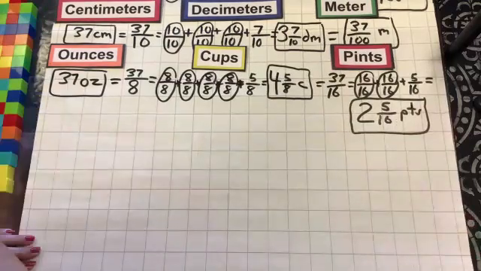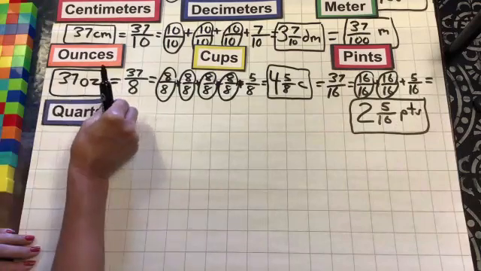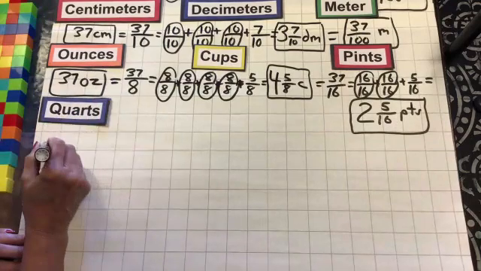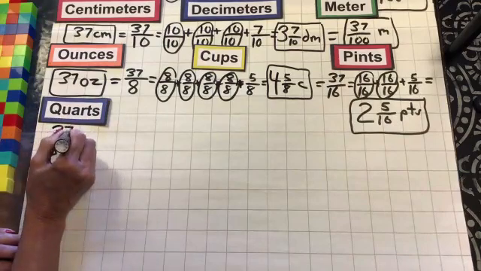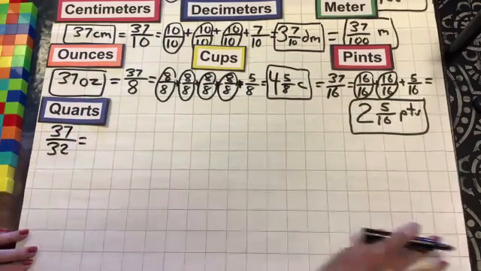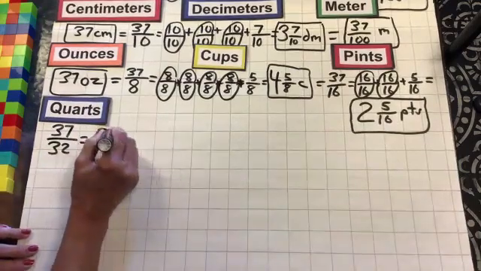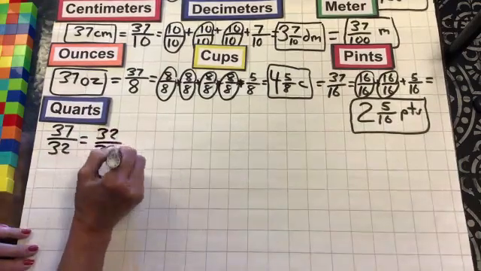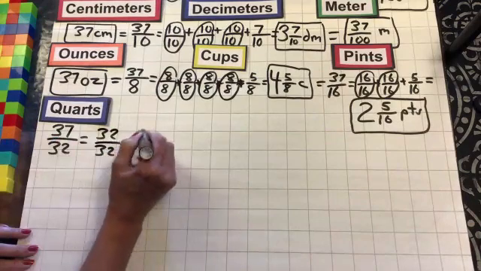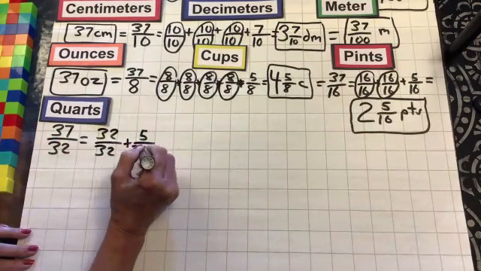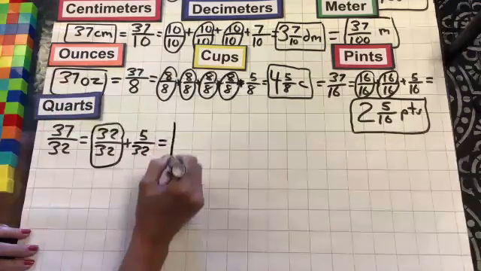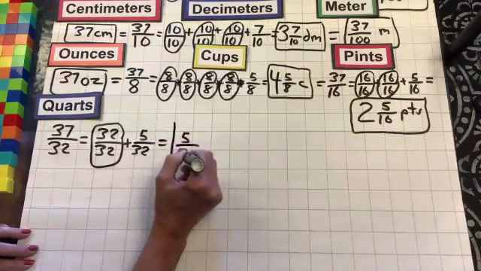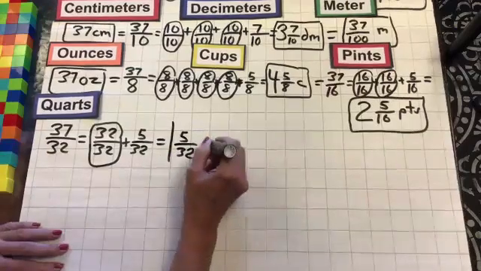All right, let's take it a bit further. We're going to go into quarts. It takes 32 ounces to make a quart. So let's break that one down. So if I do 32 over 32, I still have 5 left. So I have 1 whole quart and 5/32 of a quart.